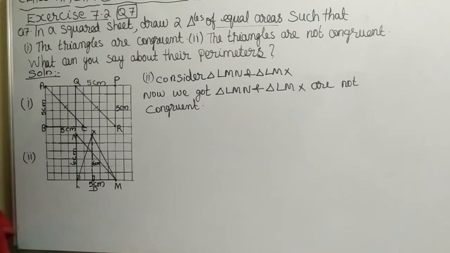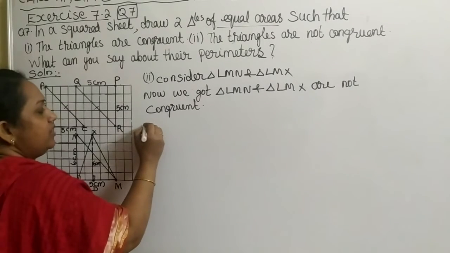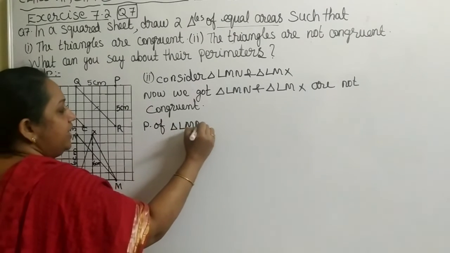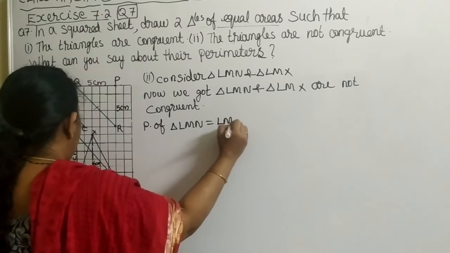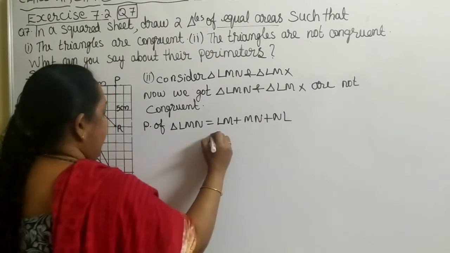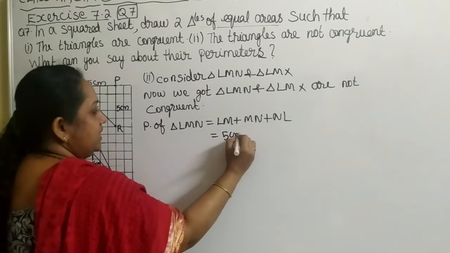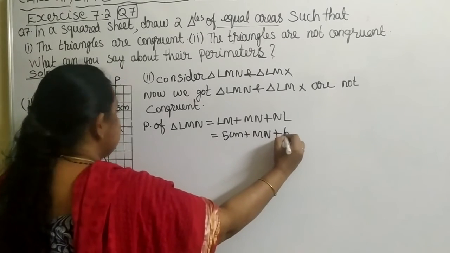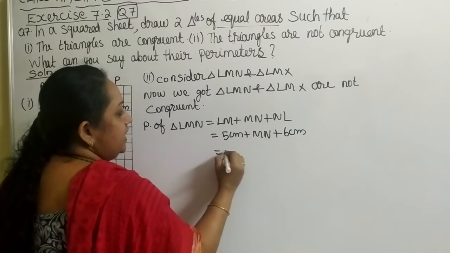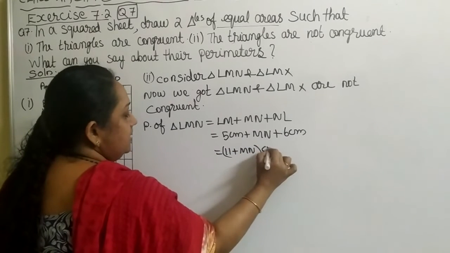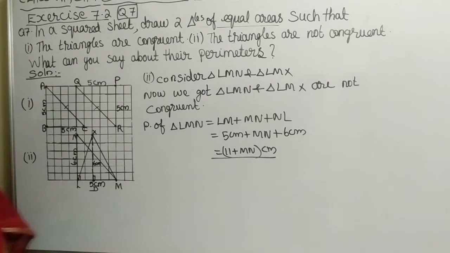All sides are not equal, so definitely they are not congruent. Now we can see about the perimeter. So the perimeter of triangle LMN equals LM plus MN plus NL. LM is 5 centimeter, plus MN, plus NL is 6 centimeter. So we get 11 plus MN centimeter. This is the perimeter of triangle LMN.